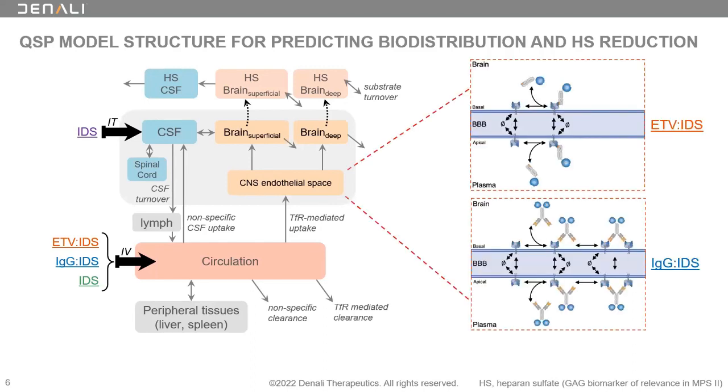And for the two molecules that use TFR-mediated uptake processes, then understanding the mechanisms of binding to TFR receptors, the impact of the affinity, the impact of the valency differences between those two molecules became very relevant in understanding the differential uptake efficiencies for ETV-IDS with IgG-IDS molecules.